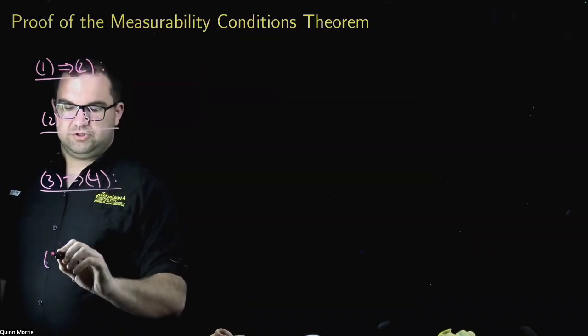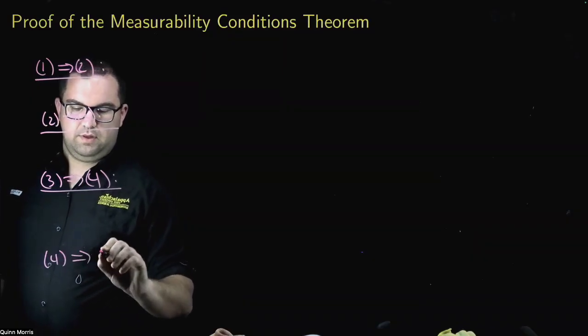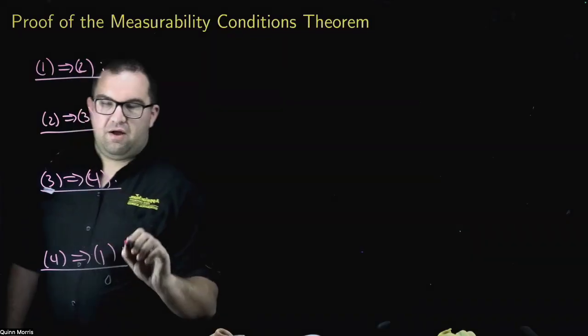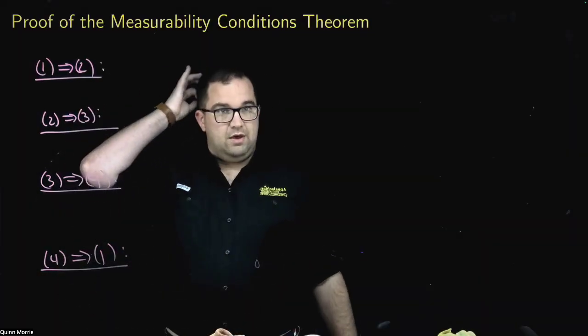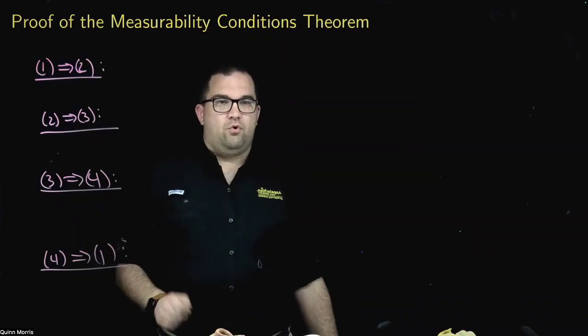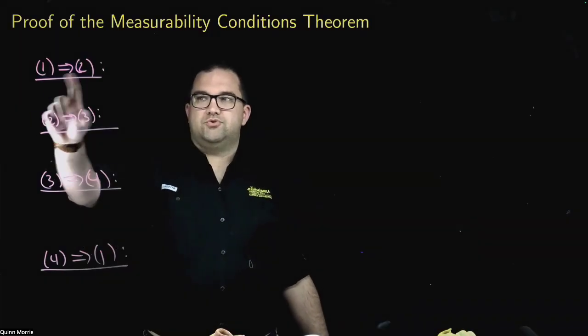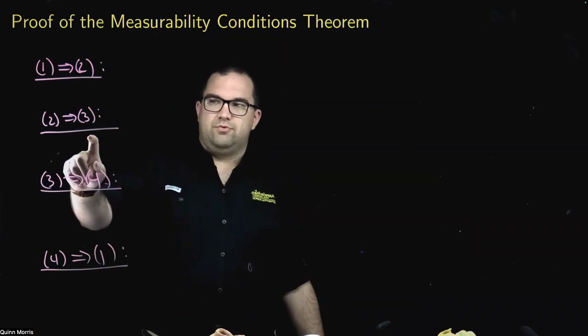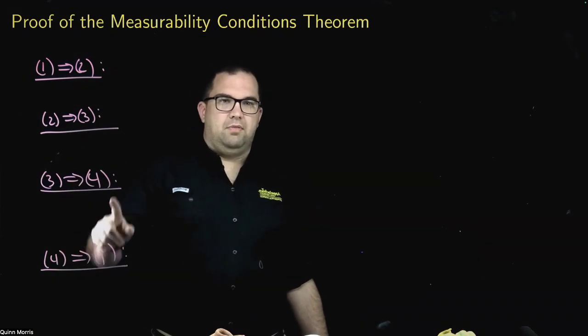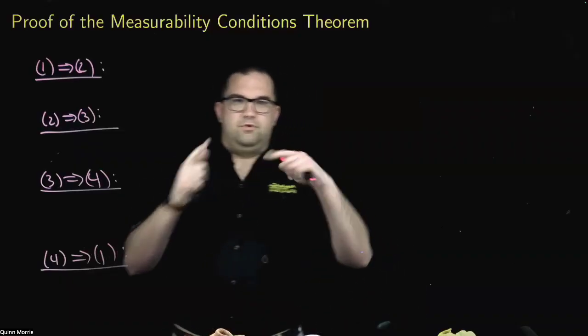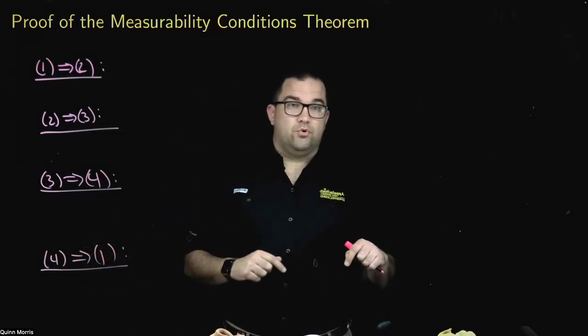And finally, I want to show that 4 implies 1. Okay. And now having done this, any one of them being true, like if I know that 1 is true and I want to prove that 4 has to be true, well, if 1 is true, then 2 is true. If 2 is true, then 3 is true. And then if 3 is true, then 4 is true. So then 1 implies 4, right? And you can work these out in any order then.